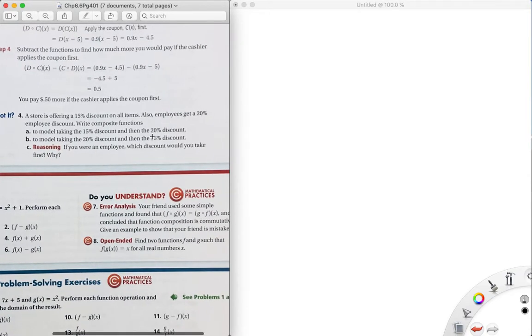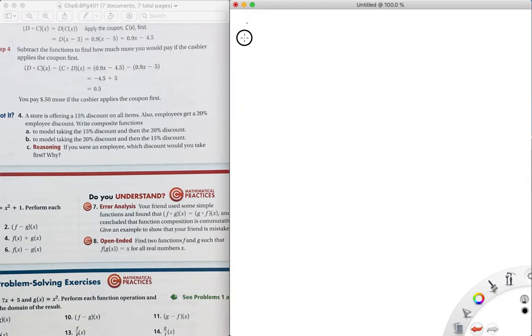Alright, so here, a store is offering a 15% discount. So the way 15%, if you have 100%, and we turn it into decimal form, meaning we move the decimal spots, we have 1, right? And we can say 1x, because it's going to be 100% times whatever the amount of money is. We don't know what it is.